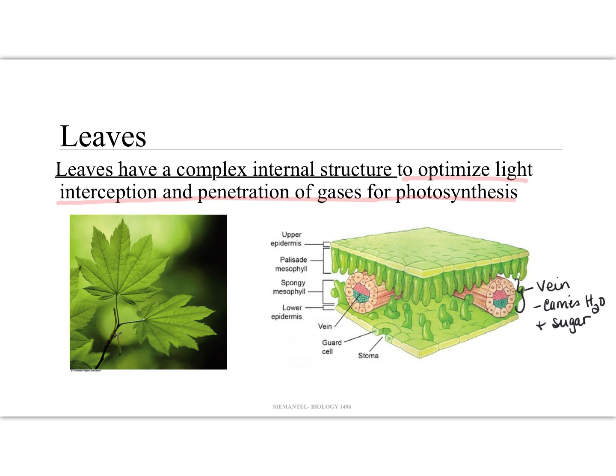Then down here we have the stoma, also known as stomata, and that's literally the physical opening or hole at the bottom of the leaf. This is how your gases get in and out.